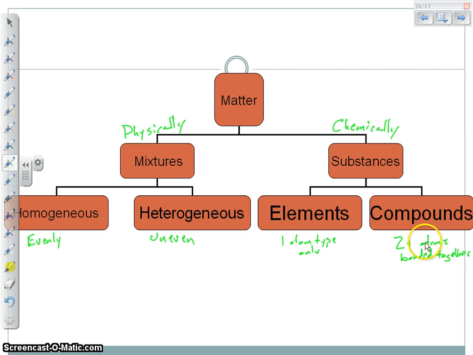But your big key to that is the fixed proportion. Every time we exhale carbon dioxide, it's 1 carbon, 2 oxygens. And we'll talk about how that works later in the semester. Anyhow, that was our overview of matter. We'll work through some examples in class a little more, but that should give you a good start.